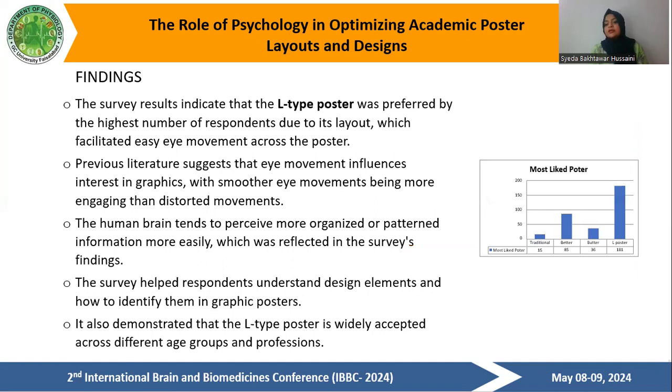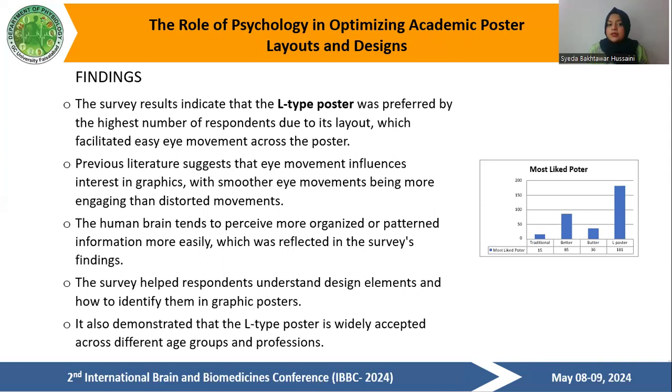So here are the findings, and I've also attached the graph, in which you can clearly see there was a question in our questionnaire in which we asked respondents about the most liked poster in the end, and they responded with the L poster. The maximum number is for this, which is 181 out of 370.